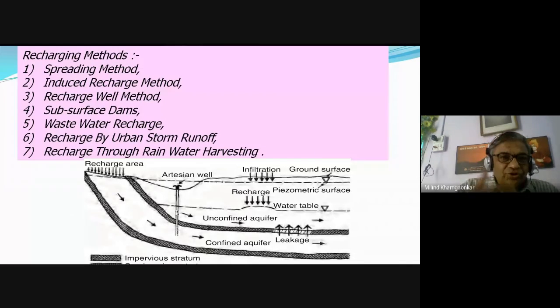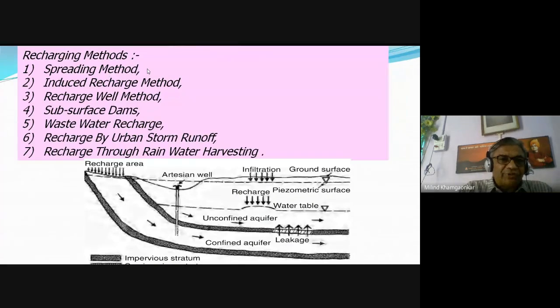Now we will move on to the various recharging methods. These 7 important methods are in our syllabus, and every year some short note comes on one method or another. We are studying everything in detail, but you have to write your answers according to the marks allotted to that question. So for recharging methods, there are 7 main methods. There are numerous methods, but 7 of them are taken for our study.